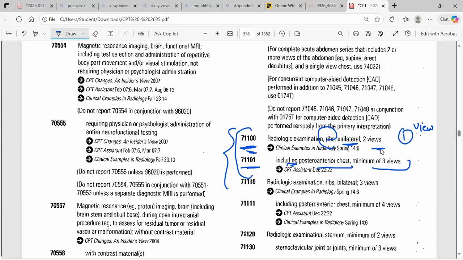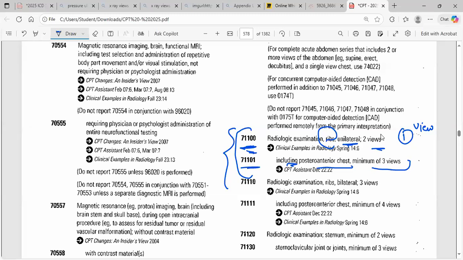Okay. Any other answers? The 26 will just represent the professional services. It will not represent how many views we have taken. We are going to represent that with the procedure CPT only, right? Yes, ma'am, right.